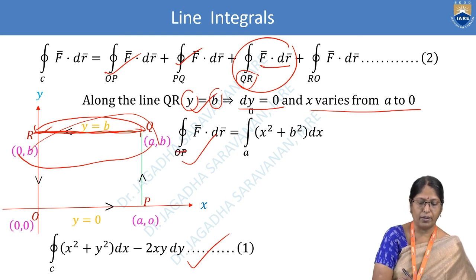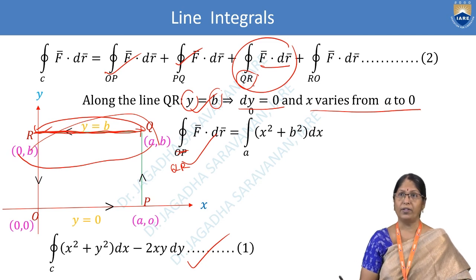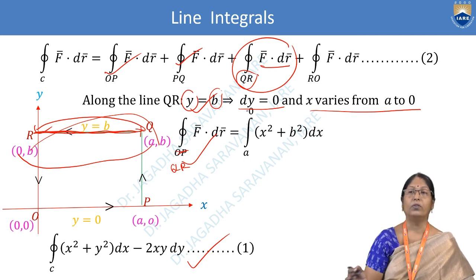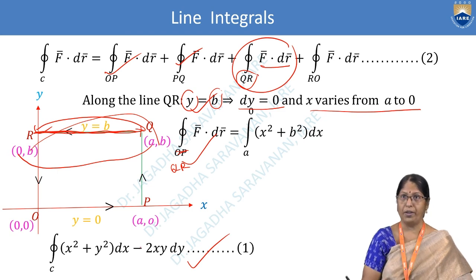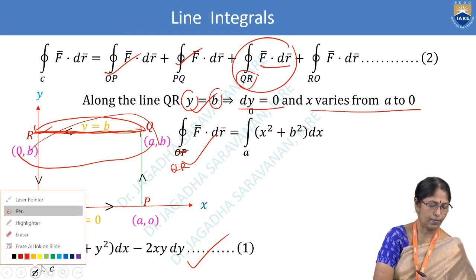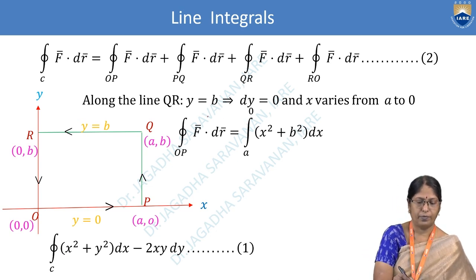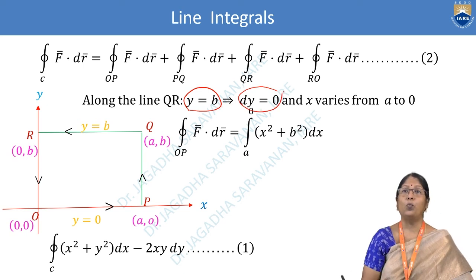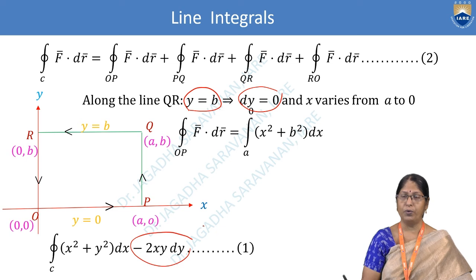It should be written here, QR. This we are calculating, so a to 0. Now here we are substituting dy equal to 0.